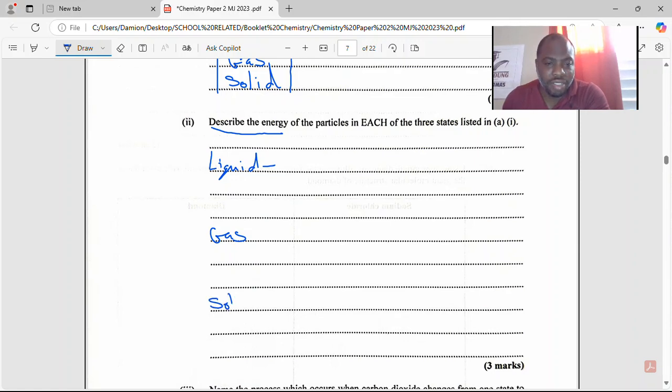And you have solid, you're going to be talking about the energy. I just wanted to highlight this to show you how you would have acquired the 3 marks. For each energy that you describe at the different state, that's how you get that 1 mark. If you don't describe it for any of the states, then you're losing out on that mark. Cool?